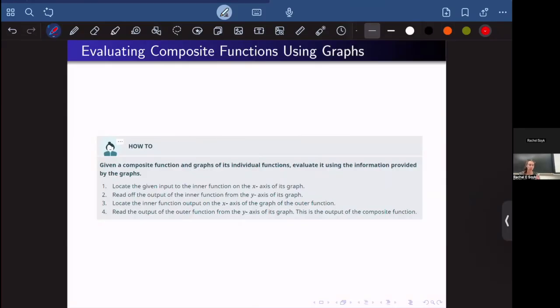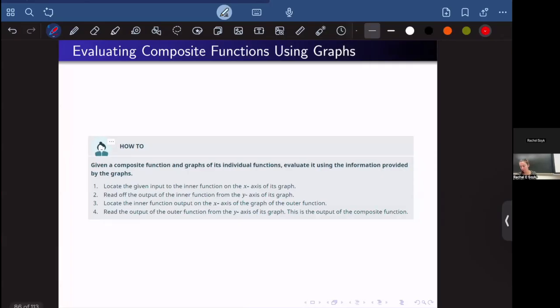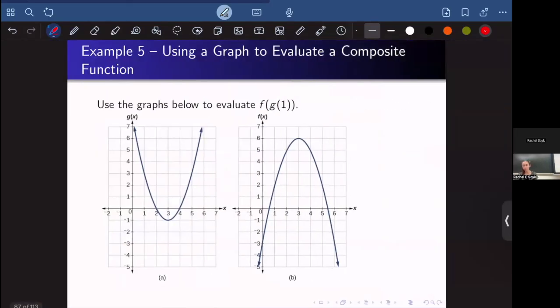Same exact concept, it's just you're pulling data in a different manner. So here, we're asked to evaluate f of g of 1. And that first graph is our g of x graph, whereas that second graph is our f of x graph. Just color code a little bit.